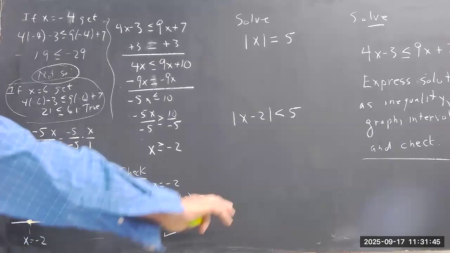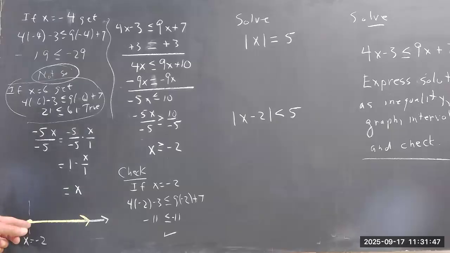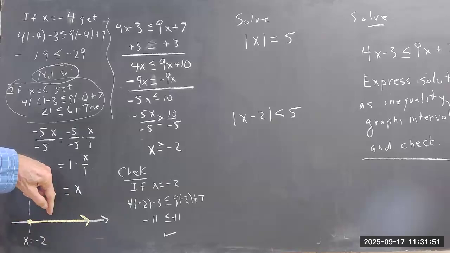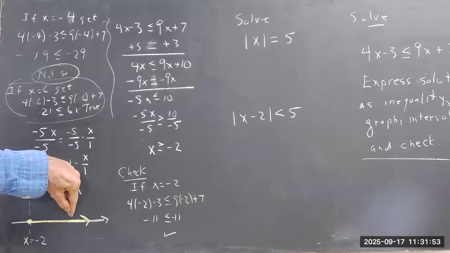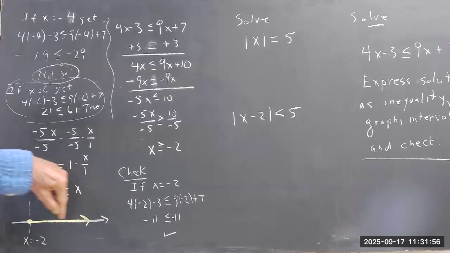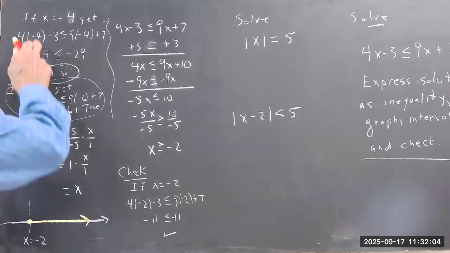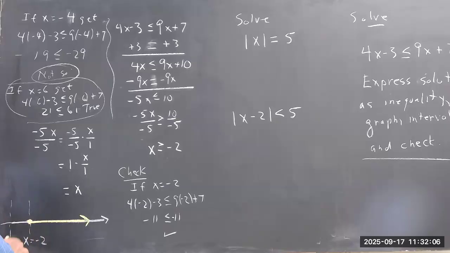Now here's your axis. This arrow just keeps going. Every point on this arrow represents a number that's greater than -2. And if you look at -4, which we substituted here, it's not in the solution set. And it wasn't, right?